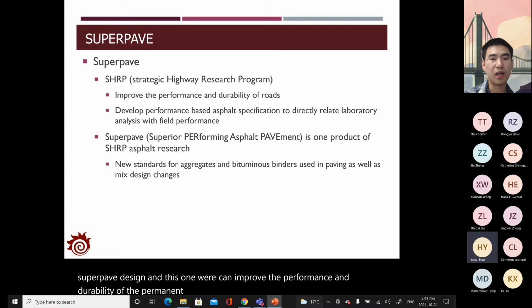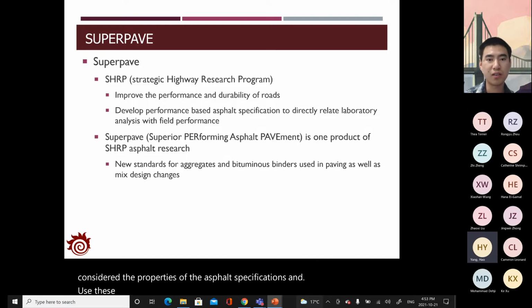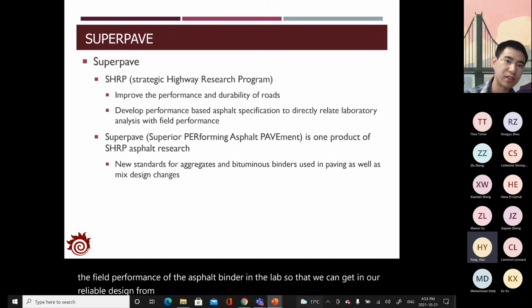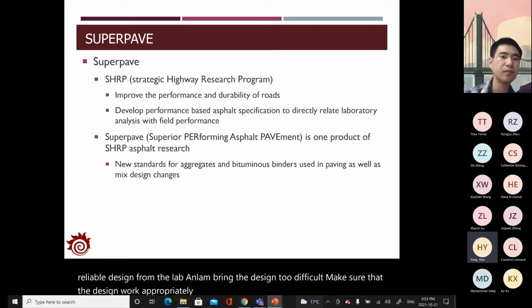It considers the properties of the asphalt specifications, uses these specifications in the lab analysis, and simulates the field performance of the asphalt binder in the lab, so that we can get a reliable design from the lab and bring it to the field. This makes sure that the design will work appropriately in the field for a longer time.